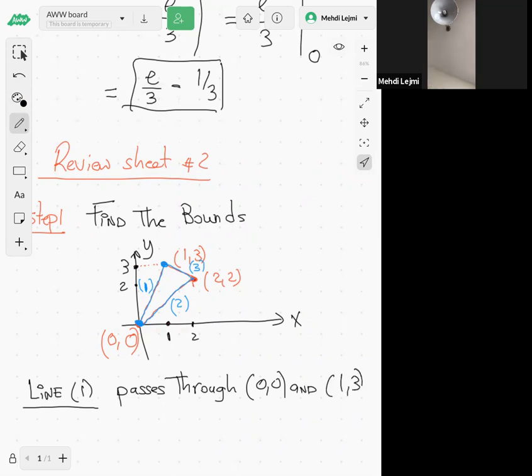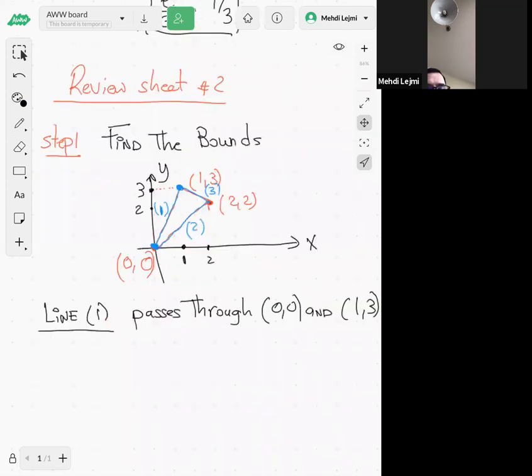So in general, the equation of a line is of the form y equals ax plus b, right? A is the slope. I guess you know this. Let's say this is x1, y1, and this is x2, y2.